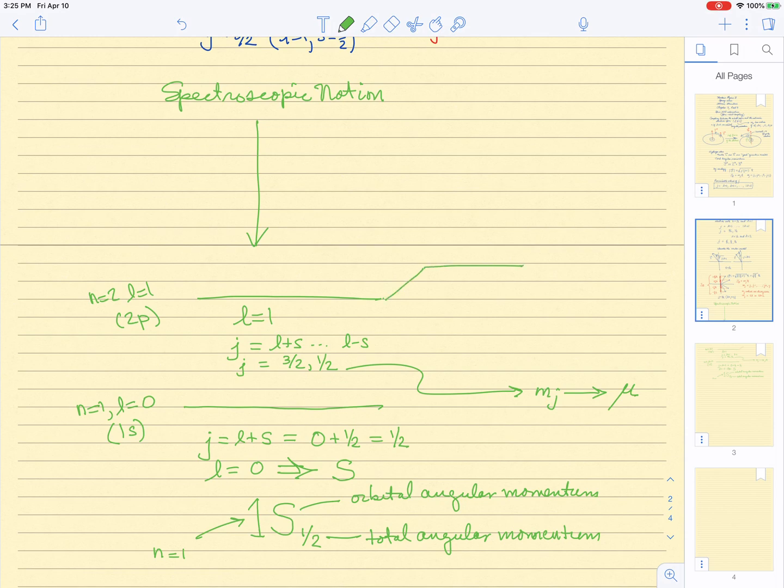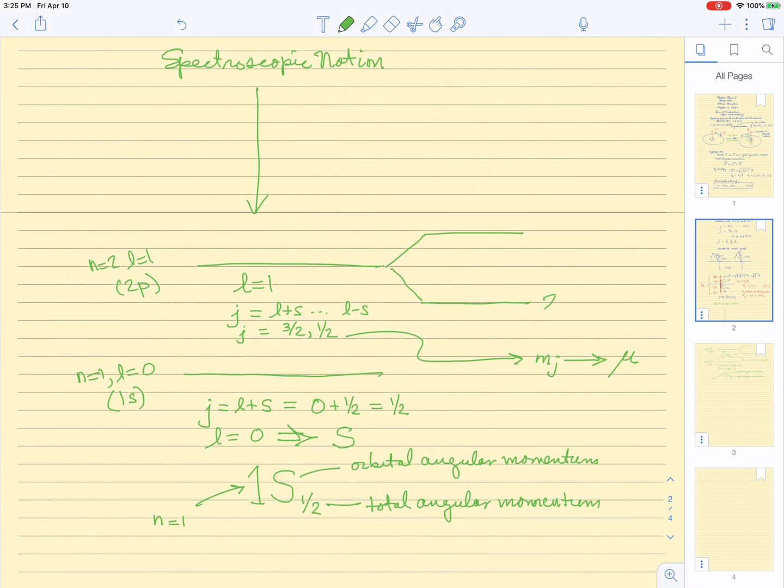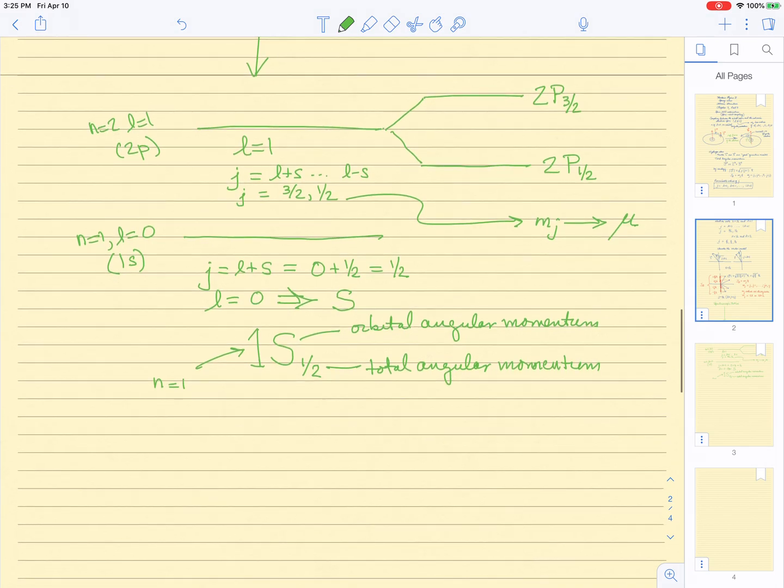And so then this is going to split now into a 2p 1/2 state and a 2p 3/2 state. Okay. And again, bearing in mind, let's just scroll down a little bit, so this is going to be 2p 3/2, 2p 1/2. Again, this comes from n is equal to 2.